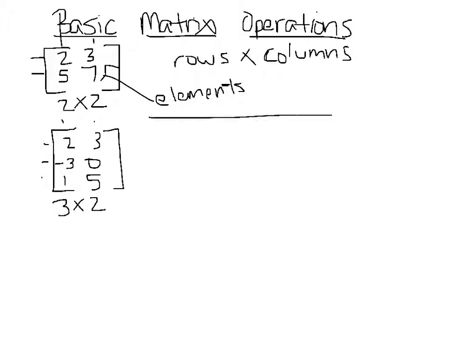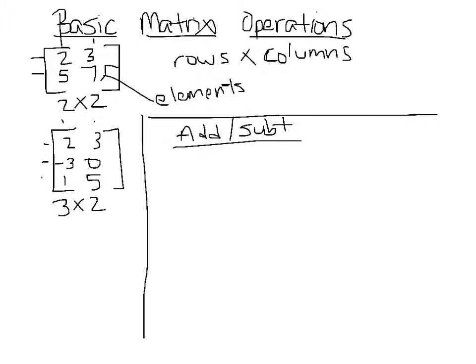So if we look at some matrix operations, these are basic operations like we do with numbers. Some of the rules are a little bit different with a matrix. So if we look at adding and subtracting, we are going to add or subtract the corresponding elements.